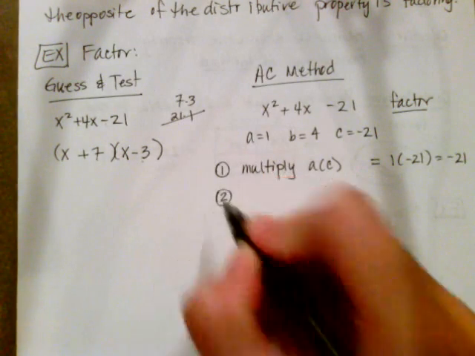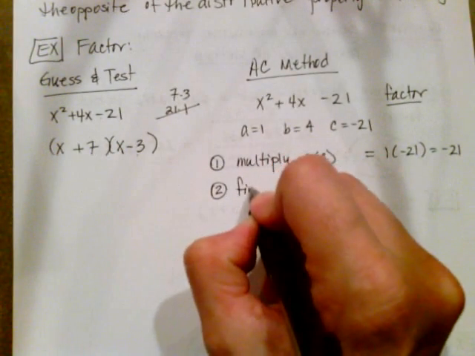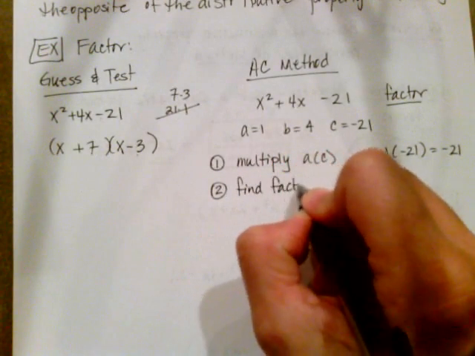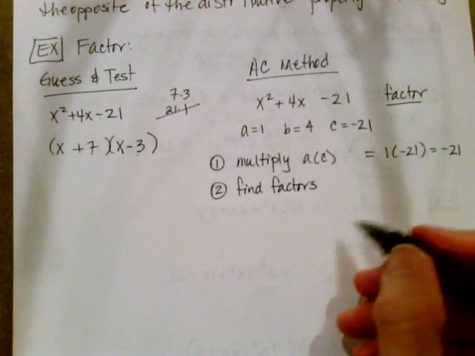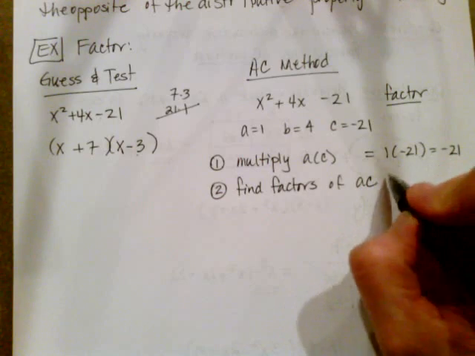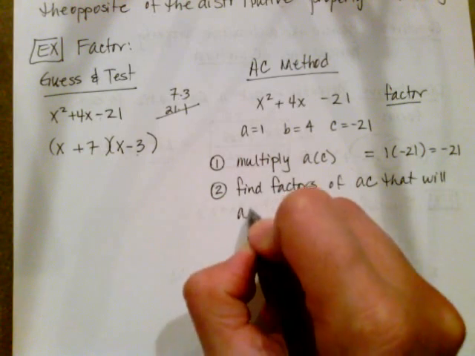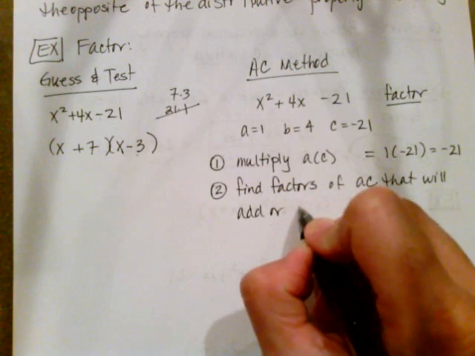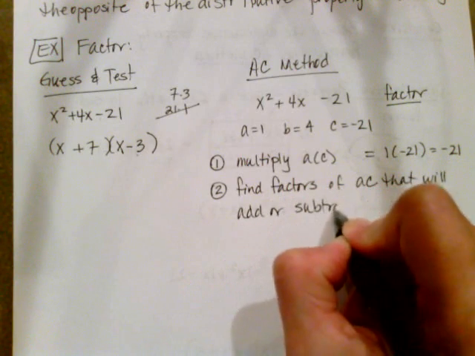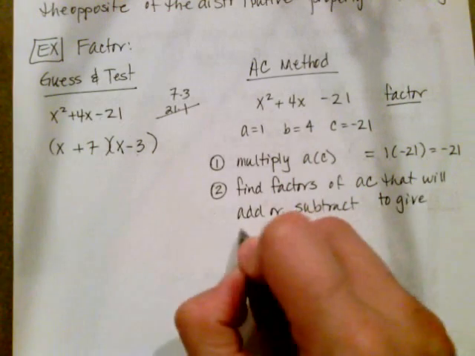The second step in the AC method is to find the factors, which is easy because we've already done the problem another way, of the product of A and C that will add or subtract to give the middle term.